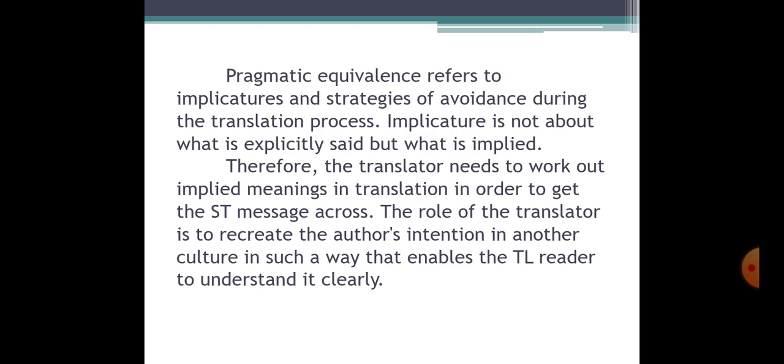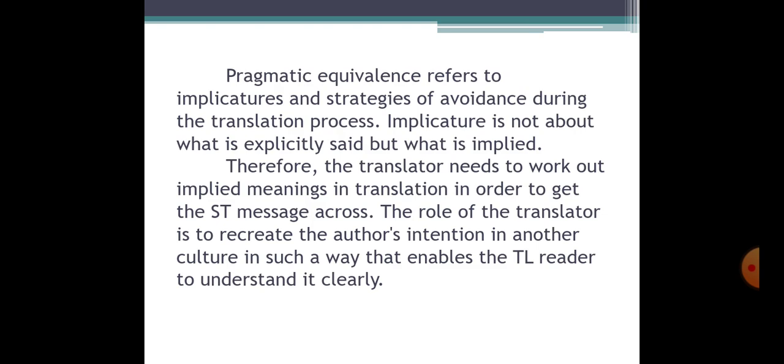Pragmatic equivalence refers to implicatures and strategies of avoidance during the translation process. Implicature is not about what is explicitly said, but what is implied.